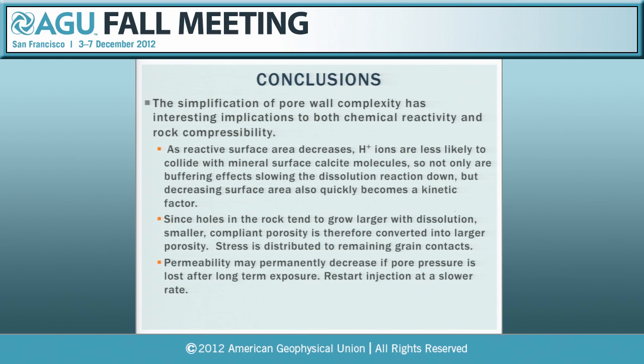So that's just the rundown on some of the work we're doing in Pittsburgh. We're slowing reactivity by buffering with our solution and by losing reactive surface area, and we're actually losing some permeability too, even though we see some flow pathways opening up.